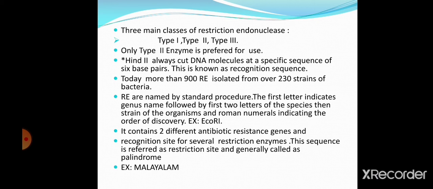For example, Malayalam. This word reads the same in either direction. If you read from left to right, it is Malayalam, and from right to left, it is also Malayalam.